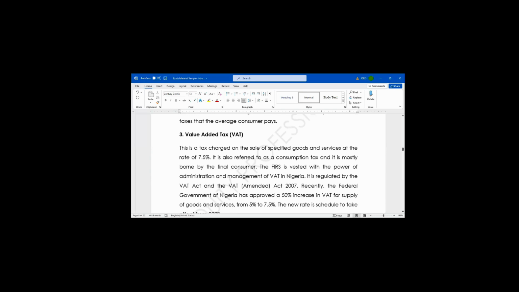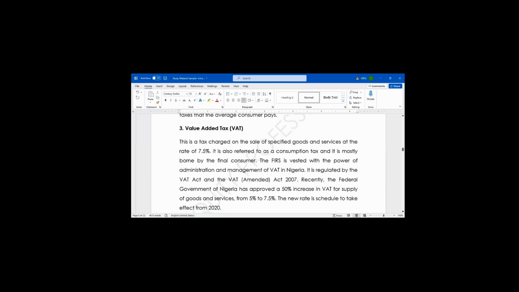Value added tax is an indirect tax imposed on consumption of goods and services, and it is borne by the final consumer. Value added tax is charged at the rate of what? 7.5%. And it is collected by the Federal Inland Revenue Service.